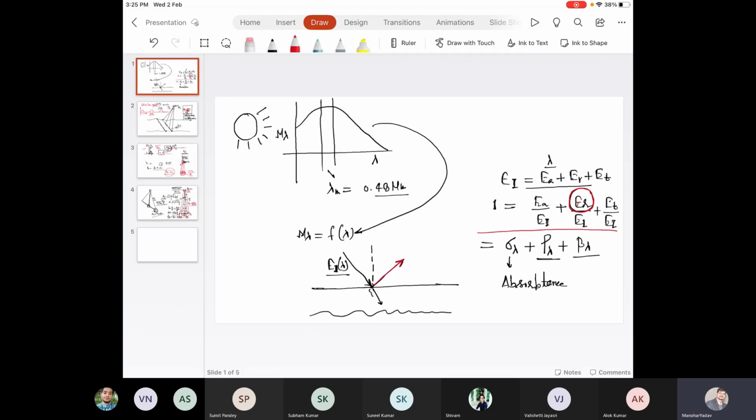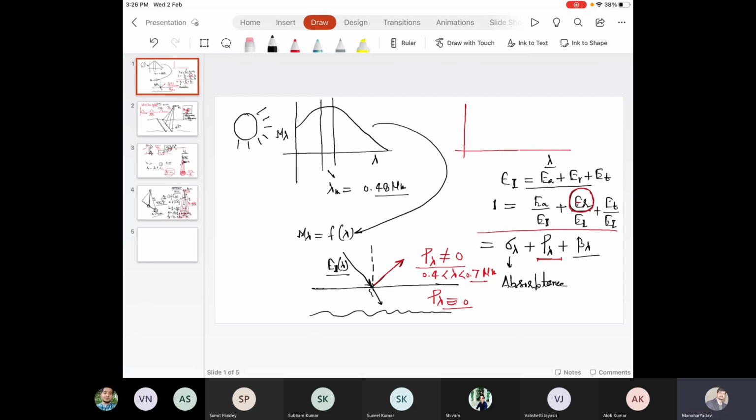Incident energy is available in all wavelengths, but due to the internal molecular composition and chemical properties of water, this rho lambda is not equal to 0 for the wavelength 0.4 less than lambda less than 0.7 micrometer, while for the rest of the wavelengths it is nearly equal to 0. Now, can we plot it graphically?